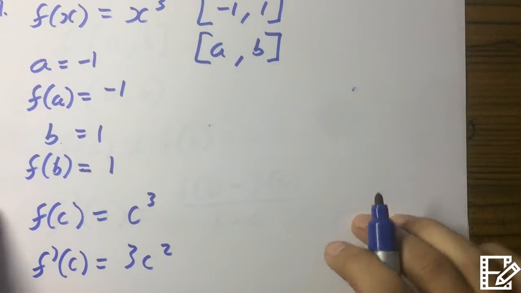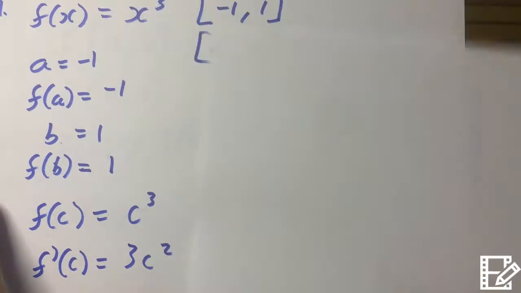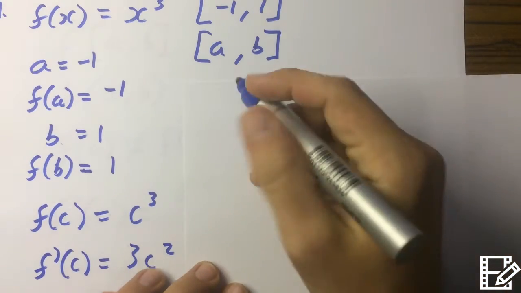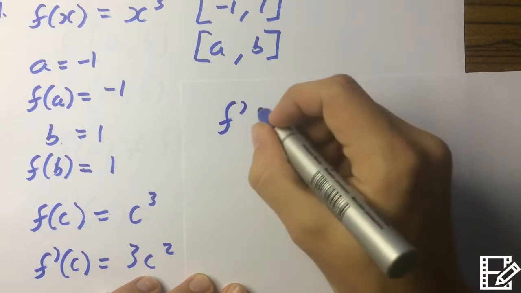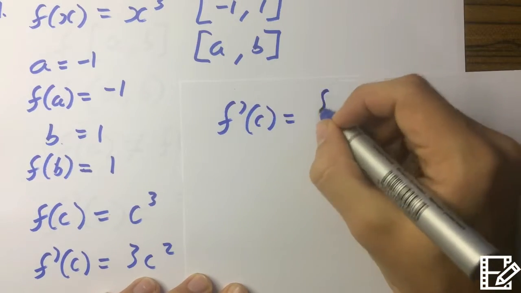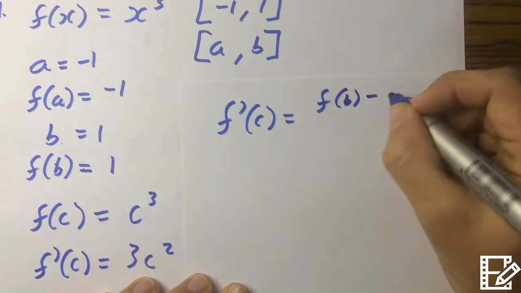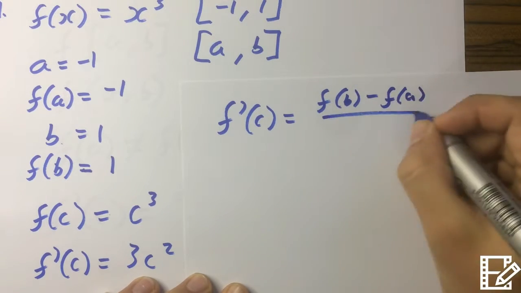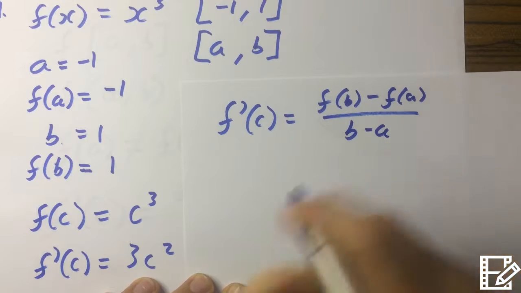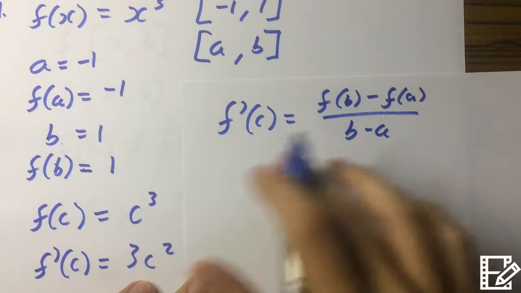Okay. Now the formula: derivative of function of c equals function of b minus function of a over b minus a. We have all of them now. Now we can sub them in.